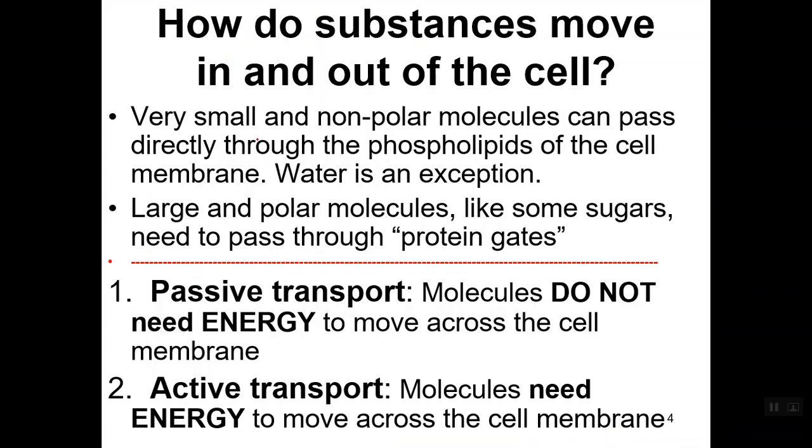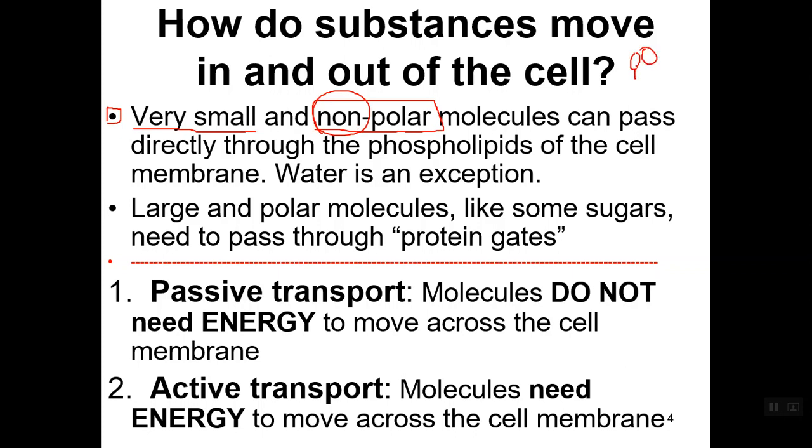How do substances move in and out of the cell? Because the cell membrane does regulate what comes in and out, so how does that happen? There are two things to keep in mind here. If you are a very small and non-polar molecule, you very easily can pass directly through the phospholipids.